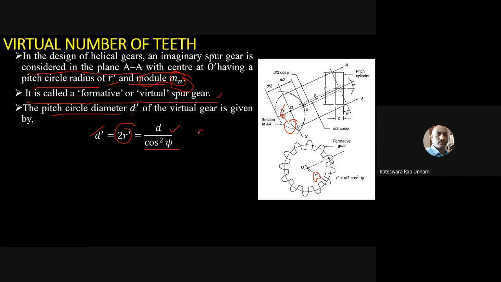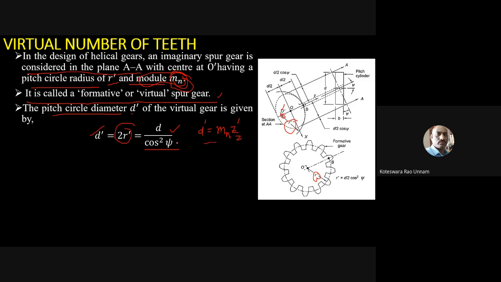Your pitch circle diameter is nothing but module into number of teeth. Here, the module you need to consider is the normal module mn. Here I'll use an apostrophe for Z also, because these are the number of teeth on this virtual gear, virtual spur gear. So therefore I'll use Z dash here.